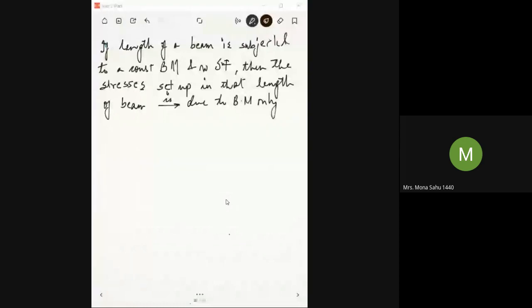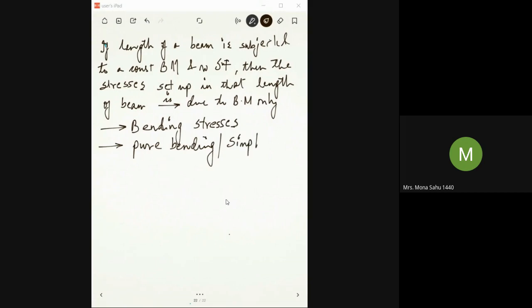Okay, so those stresses are known as bending stresses, and that length of the beam is said to be under pure bending or simple bending. Okay, don't mind my handwriting. It's hard to write on the iPad.